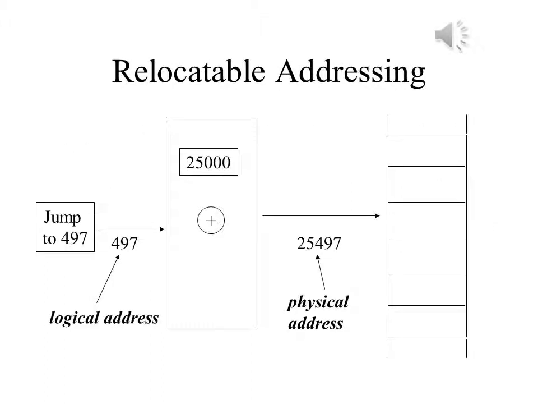Most relocatable addressing schemes involve storing a base address in a register and adding an offset to it. When a program is loaded into a different area of memory, the base register's contents are changed.